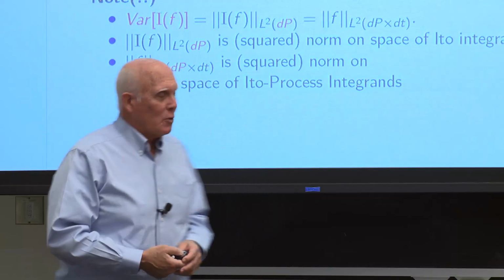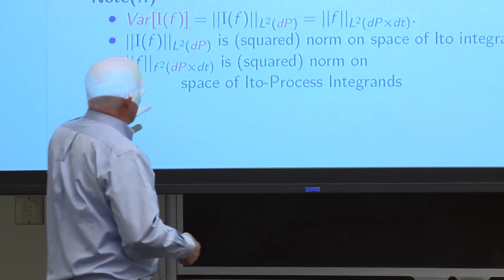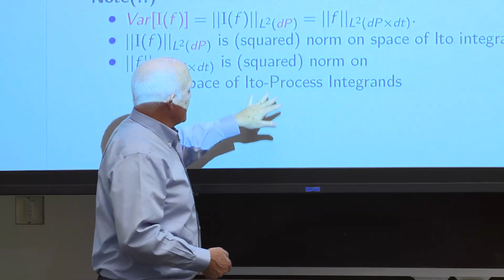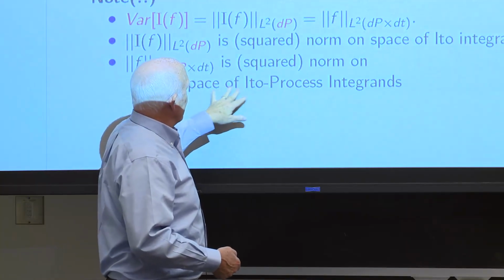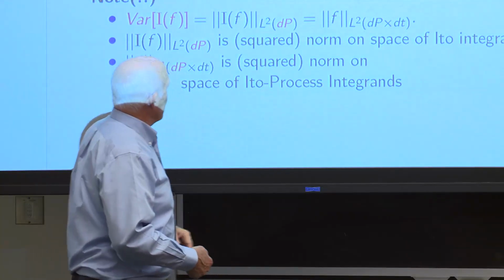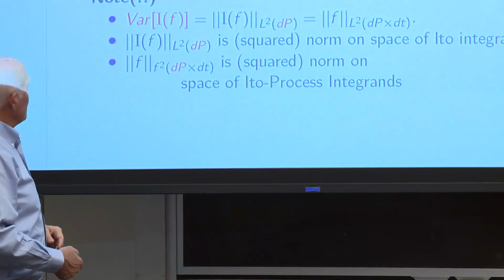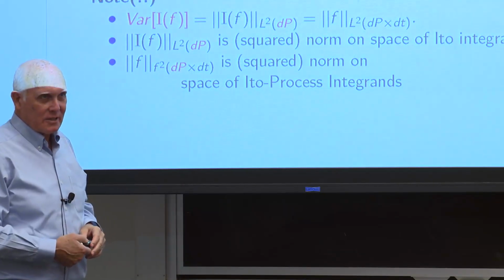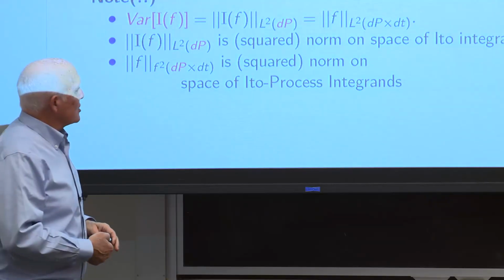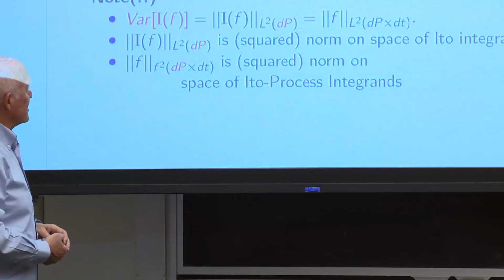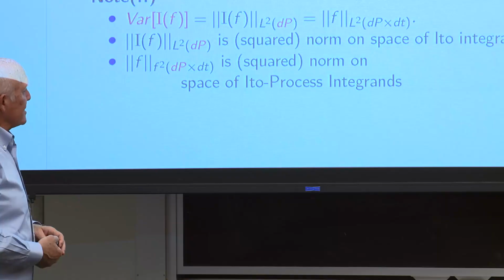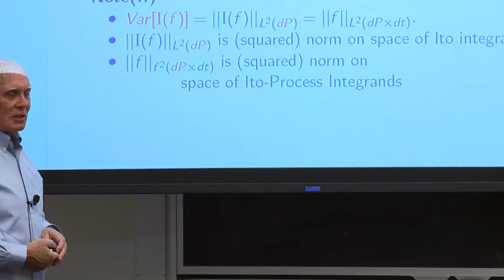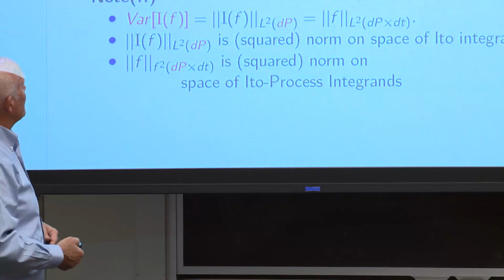With this setup, we have the space of Ito processes, and we can calculate the squared norm between different Ito integrals. So we can characterize limits in those spaces and be guaranteed that those limits exist.